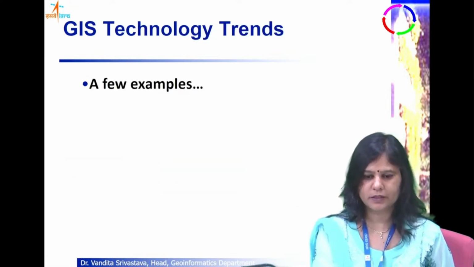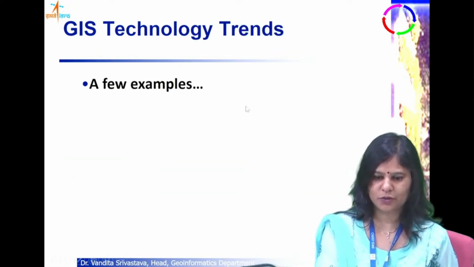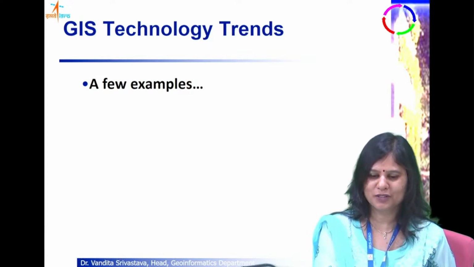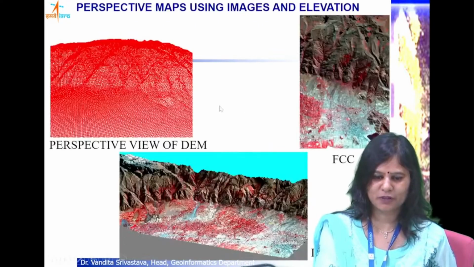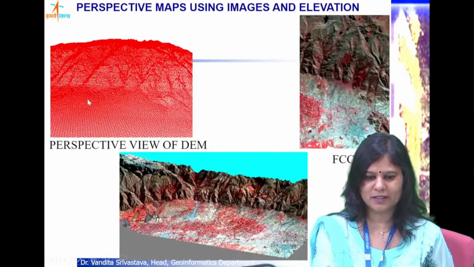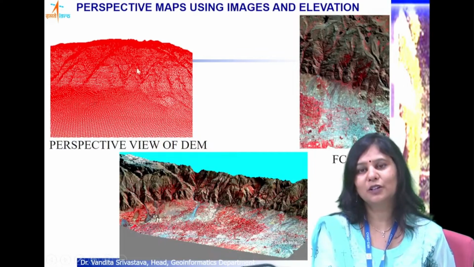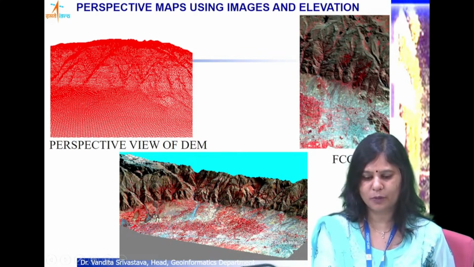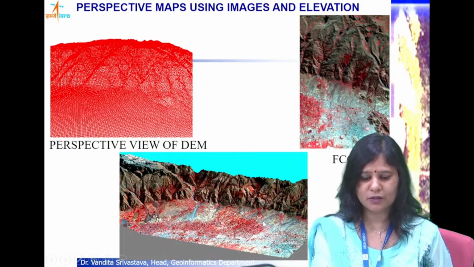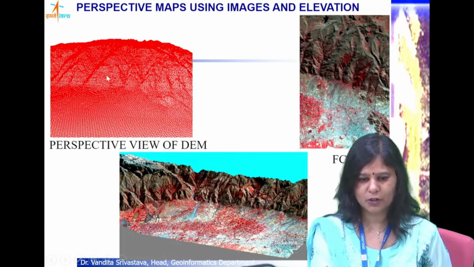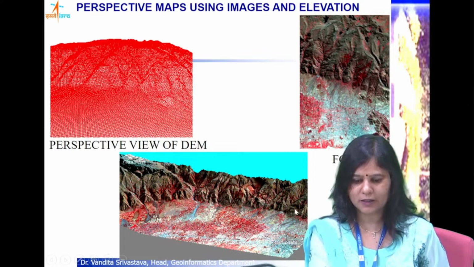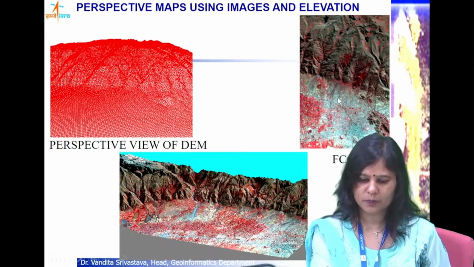So you will know more about these in subsequent lectures. Now I wanted to show you a glimpse of application uses of this technology. Once you know the topography as well as the geographic information, this is an image draped over the topographical information, that is the DEM, and a 3D perspective view has been made using this and the image.